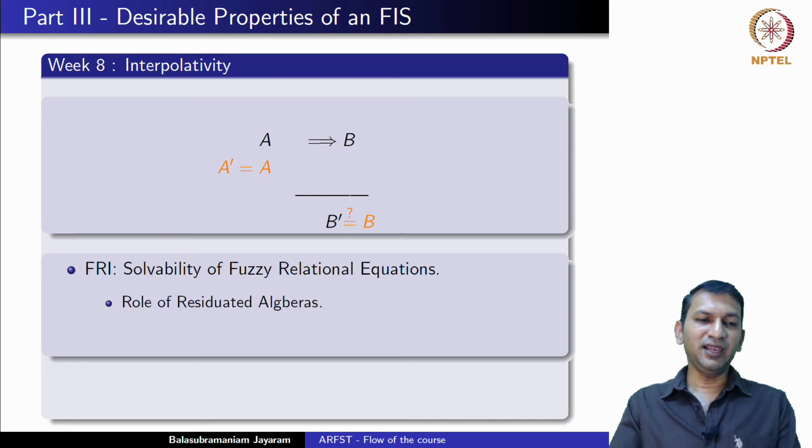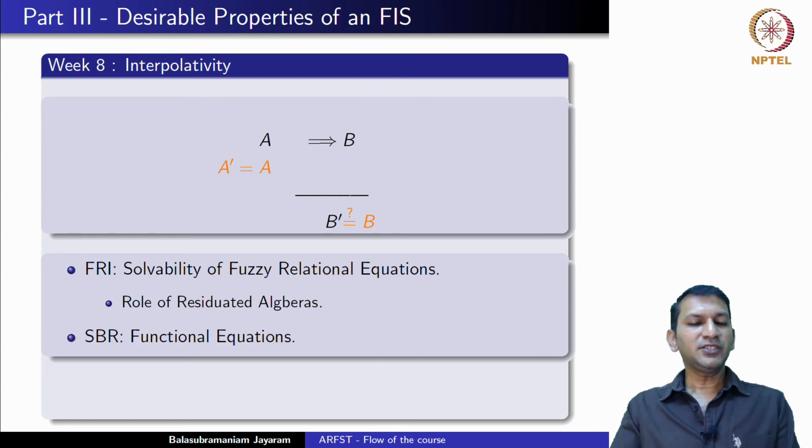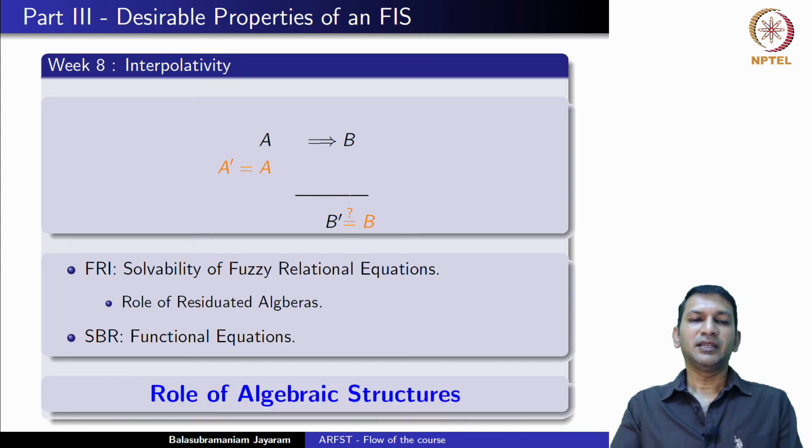Once again, this highlights the role played by residuated algebras. In the case of discussing interpolativity for similarity based reasoning, we will see that some functional equations play a role. On the whole, discussing interpolativity of a fuzzy inference system shows the role played by the algebraic structures in ensuring the same.